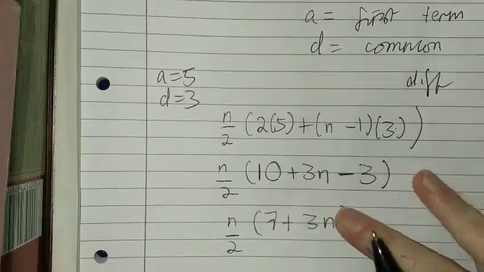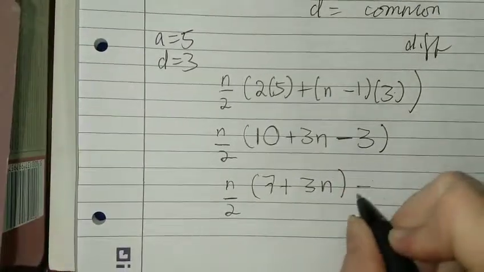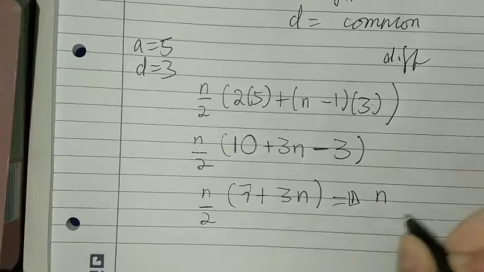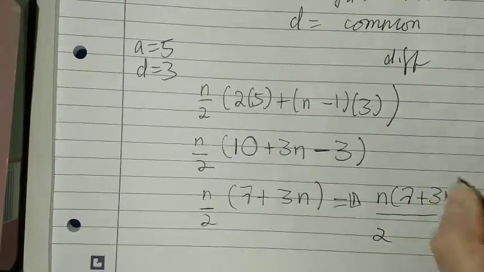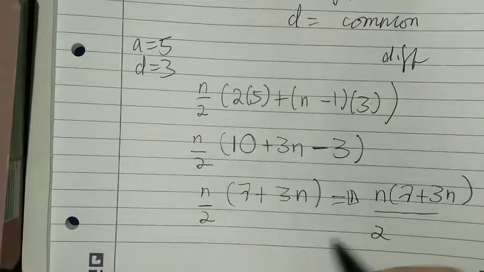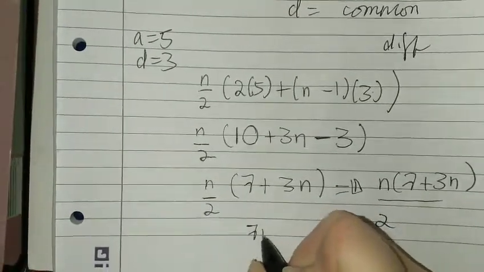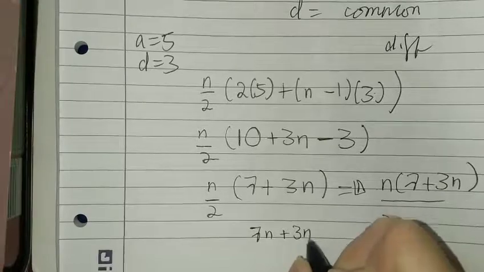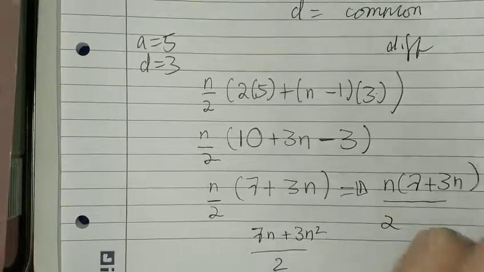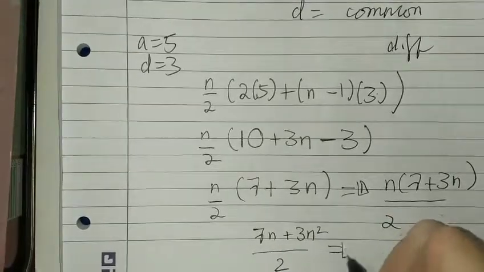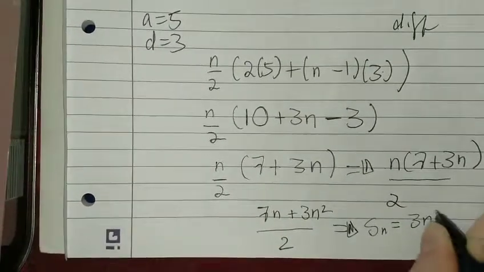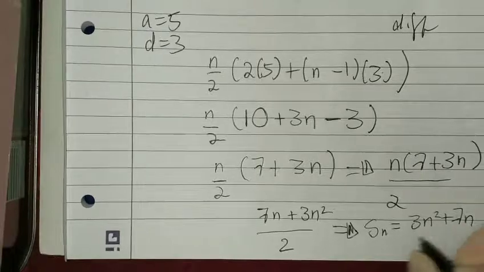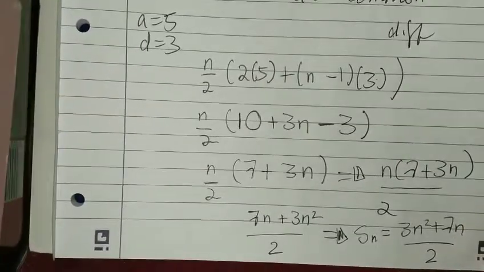I can put that all over 2, so n all over 2 times 7 plus 3n. Then I multiply n by everything, so that'll be 7n plus 3n squared over 2. And if I want to put it in exactly their format, Sn is equal to 3n squared plus 7n over 2. So that's exactly the way they had it.